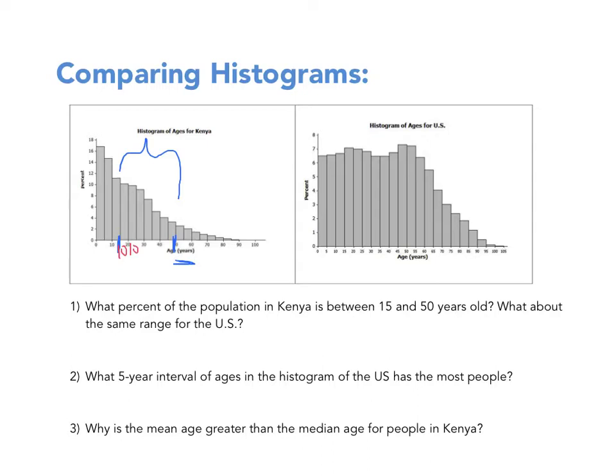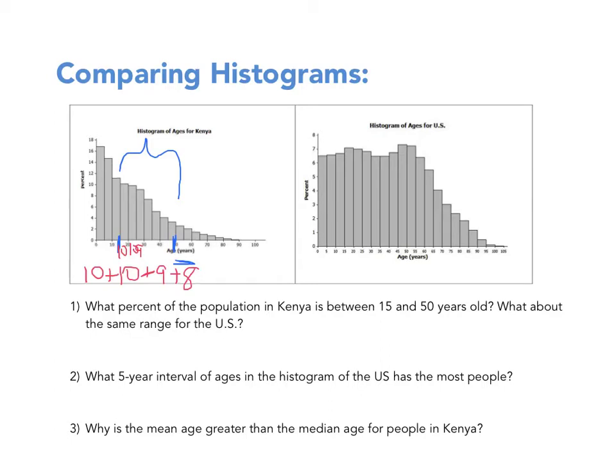For the next bar, I see that it's substantially lower than the other two, so we're going to say that's at a 9%. I'm going to write it out down here when I'm adding together. I'm adding them together because I want to find the total percent of the population that's in between those two ages. And then I'm at my next bar, which is 30 to 35, and that's right about at 8.